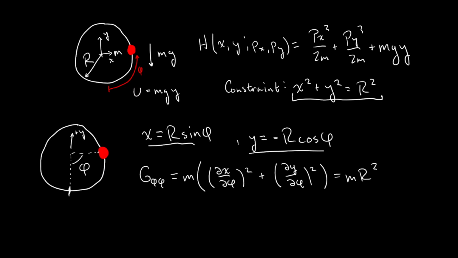And so now g phi phi times g phi phi inverse, well, since I only have phi's, this should just be 1, which automatically tells me that g inverse phi phi is 1 over m r squared.